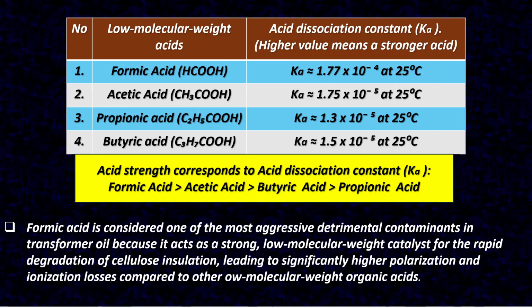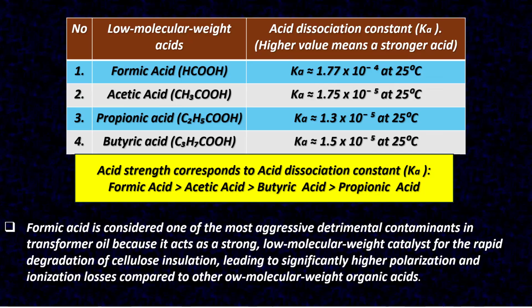Therefore, acid strength corresponds to acid dissociation constant. Formic acid is greater than acetic acid. Butyric acid is greater than propionic acid.